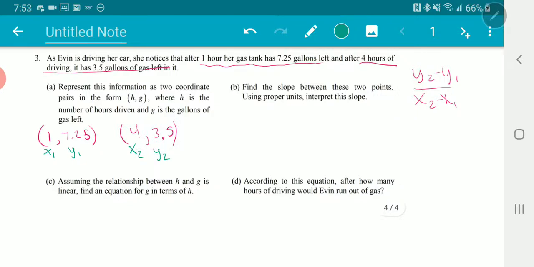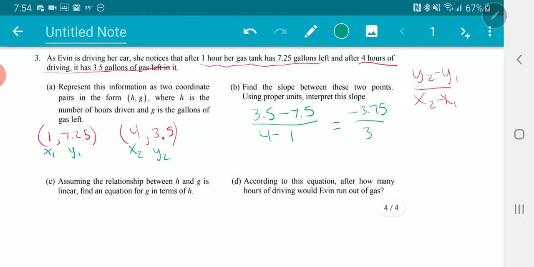So this one is really just 3.5 minus 7.25 over 4 minus 1. When I solve that out, that's going to come to negative 3.75 up top and then 3 on the bottom.